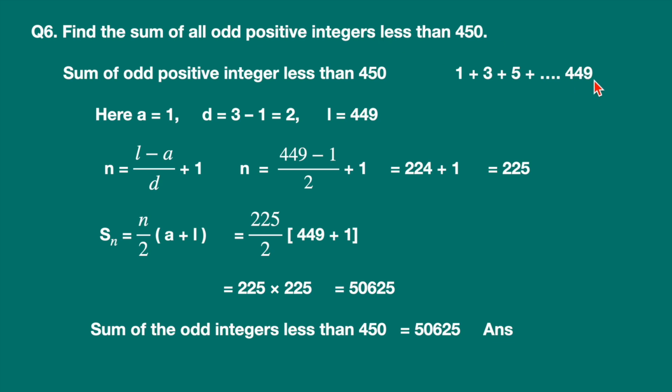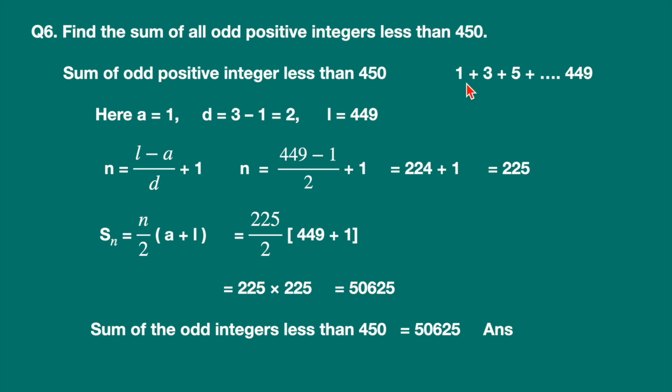So 449 is also an odd integer. This sum they are asking us to find. Now this is very simple. Write down A is equal to 1, D is 2, L the last term is 449.